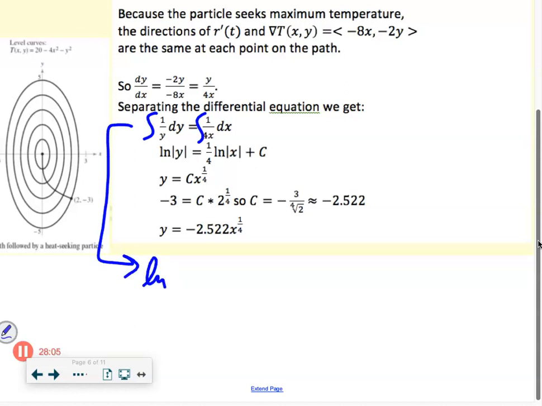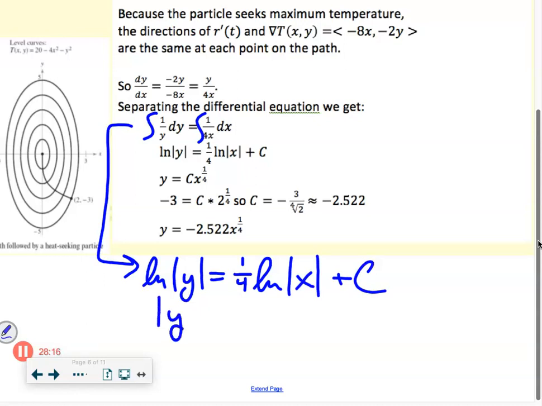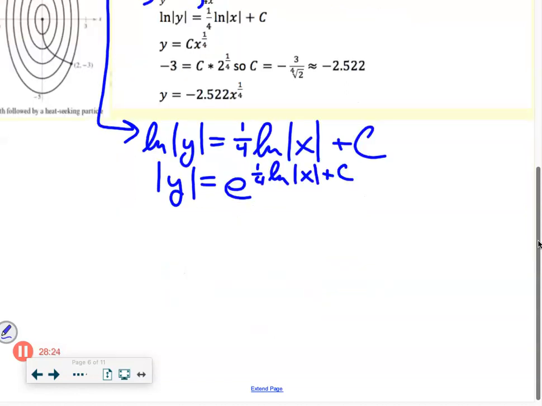So we have ln absolute y equals 1/4 ln absolute x plus c. If we exponentiate both sides, we get absolute y equals e to the 1/4 ln absolute x plus c. That whole thing's an exponent.